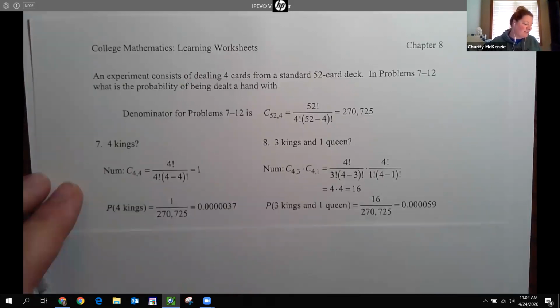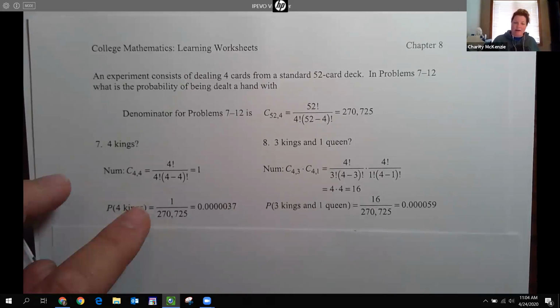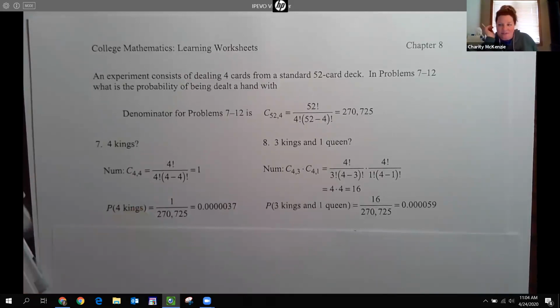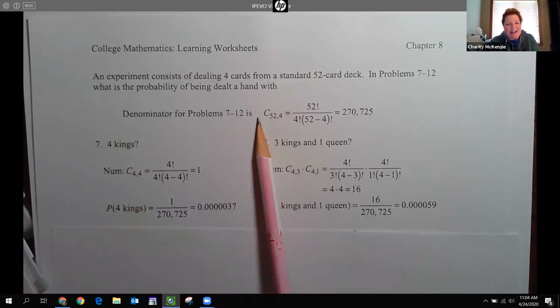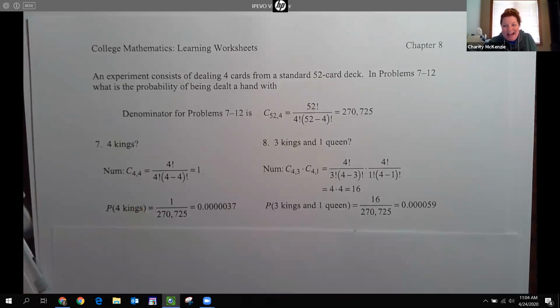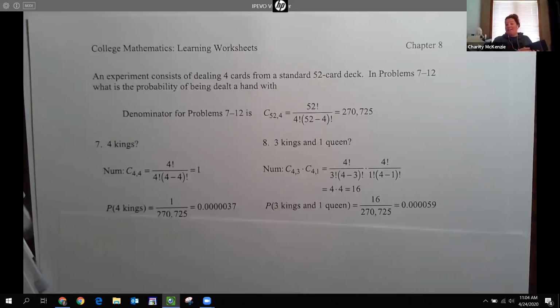But then we have to do, oh, they did show that. Okay, so if I have 52 cards and I'm picking 4, they write this a little different. Usually the 52 is on this side. This is the way you type it into a TI-89. But I would put that into my calculator and get that combination, because it's not a permutation, because order doesn't matter. I'm just picking 4 cards from the deck.